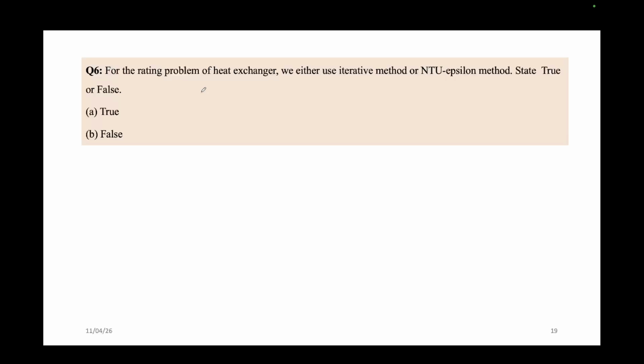How is it, if it is the rating problem of the heat exchanger, basically we have to incorporate this effectiveness. So for this effectiveness, only NTU is used.